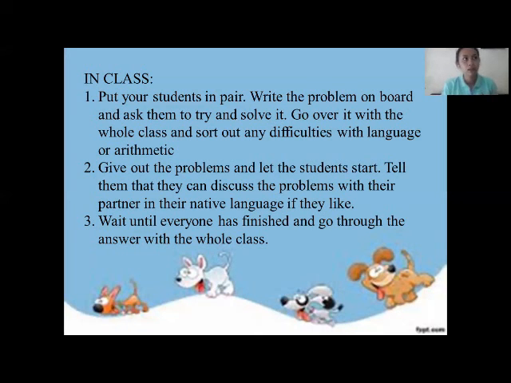Maybe it's difficult to understand what kind of task it is, so a student can talk with another student or discuss it. It's okay because that's in a pair, right?